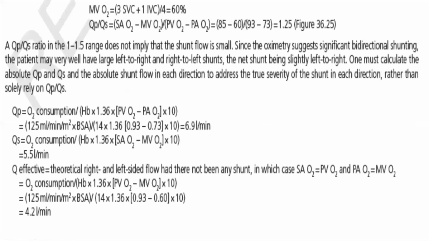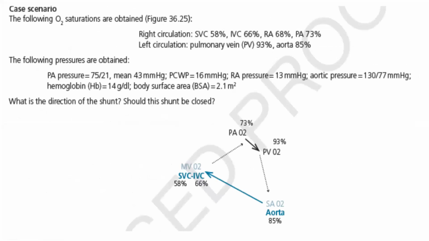Well, here it's just an illustrative case. I didn't do a full oximetry run, so you cannot tell where the shunt is. I just gave you here SVC and PA sat. The assumption is most likely ASD in an adult patient, but yes, you need a full oximetry run to tell that.